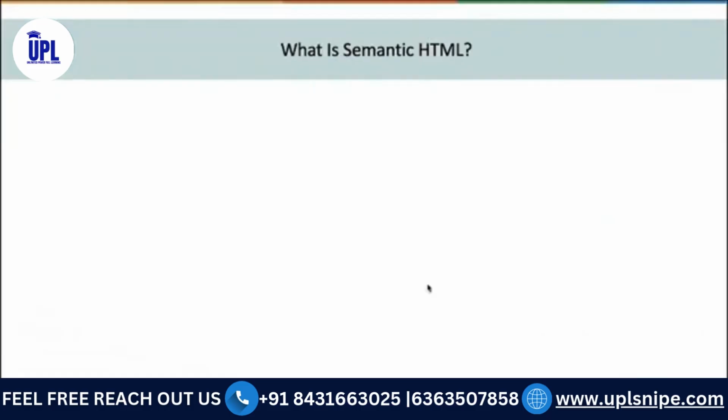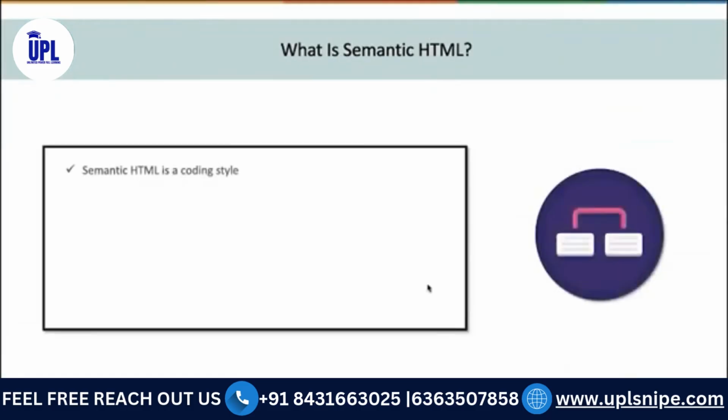The next question is, what is semantics in HTML? Semantics is nothing but another coding style. When you talk about semantics, they are basically reinforcing the meaning of the contents. Typically you have seen we use div and span tags, but the div and span tags really don't make sense to us as an HTML reviewer unless I go inside those and get to know what they're really doing.